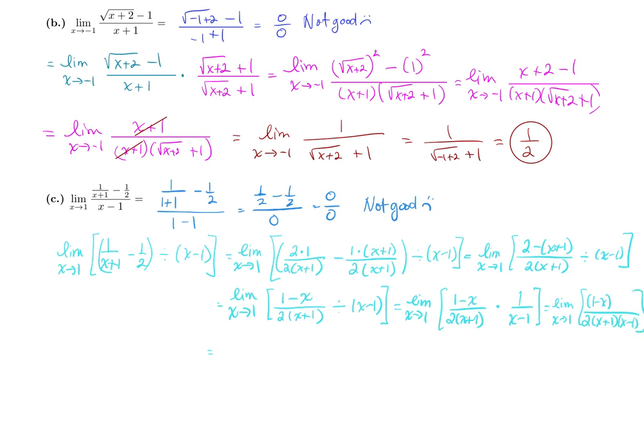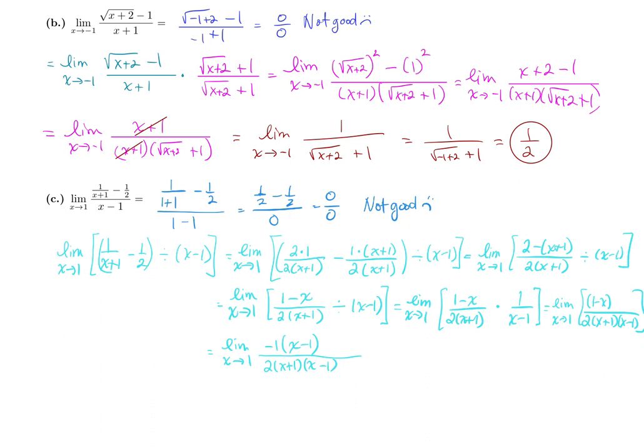You might notice that we have an x minus 1 in the denominator and a 1 minus x in the numerator. If we pull out a negative from the 1 minus x in the numerator, we can make it a negative 1 times x minus 1. We can switch it around. Now when we divide by 2 and x plus 1 and x minus 1, the magic that we were looking for that will help us do direct substitution happens.